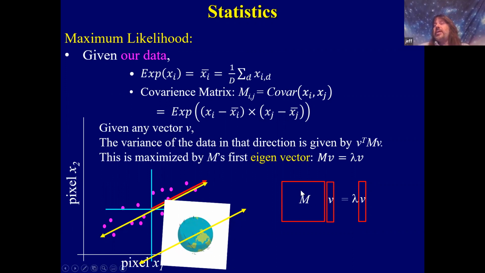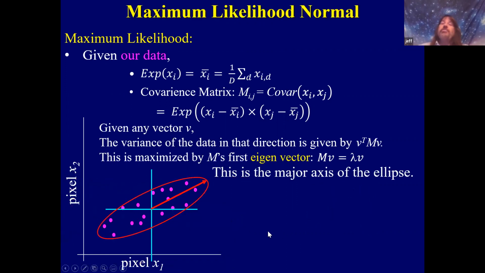You take this matrix and multiply it by some vector v, and you get the same vector back, but scaled by some constant. This is called an eigenvector, and the constant is the eigenvalue. You take the first eigenvector, the one with the biggest eigenvalue, and that's going to be our major axis.